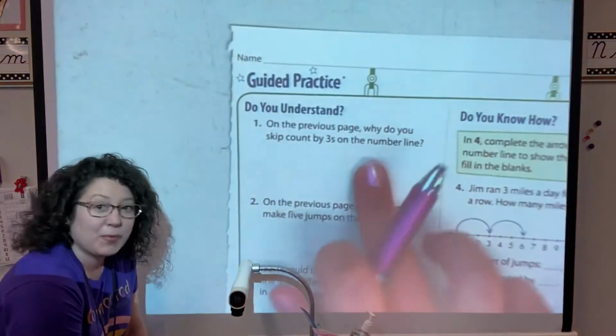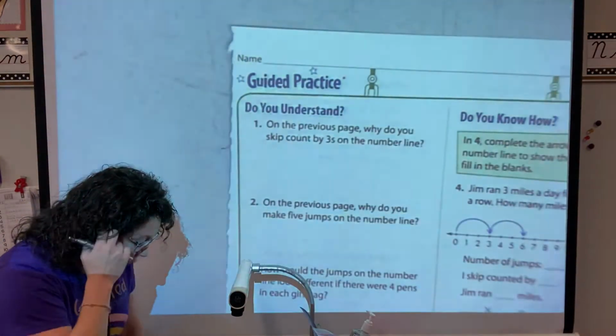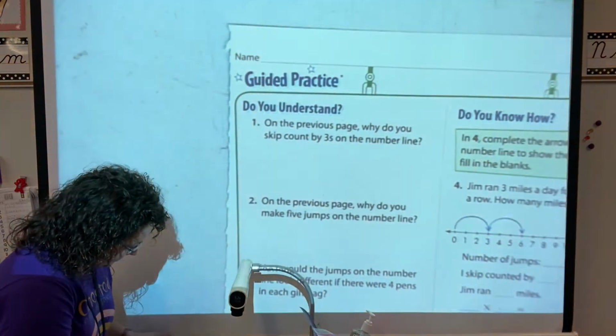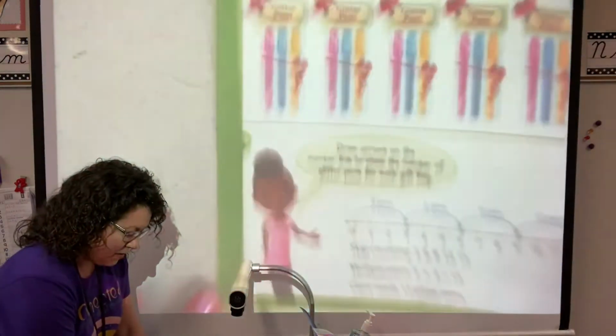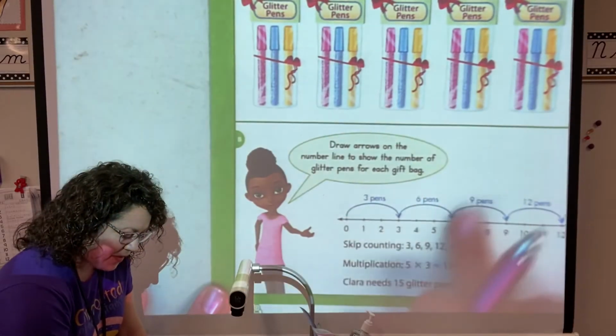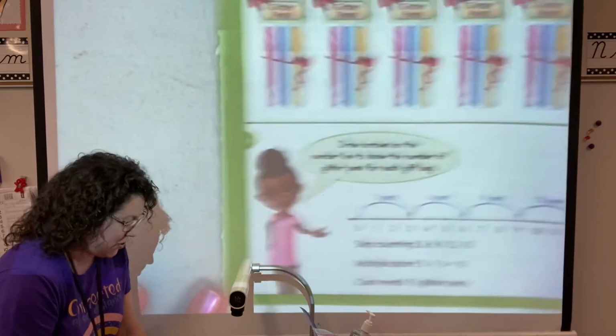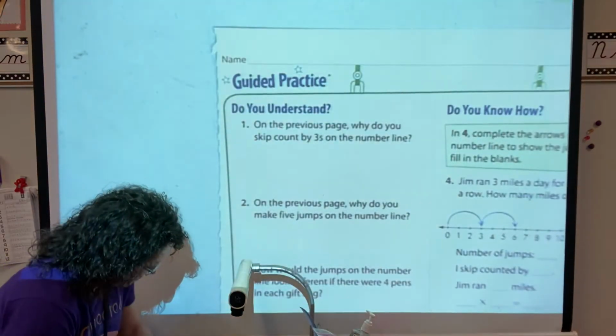Okay, on the previous page, why do you skip count by 3s on the number line? We talked about that. Why do we skip count by 3s? Because that's how many pens she wants to give each friend.